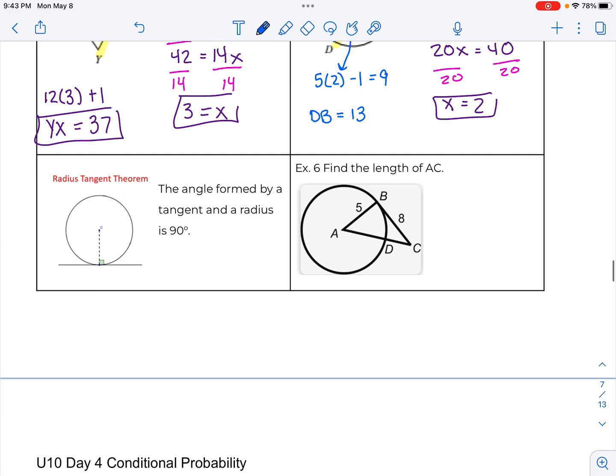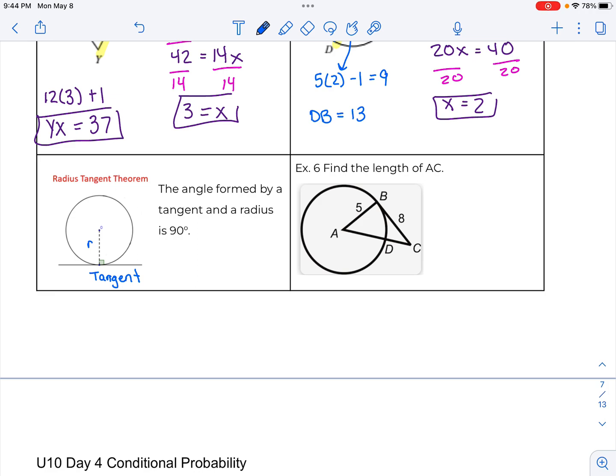The last thing we have is what's called the radius tangent theorem. In this picture, this is called the radius, and this is called a tangent. So this theorem says the angle formed by a tangent and a radius is 90 degrees.